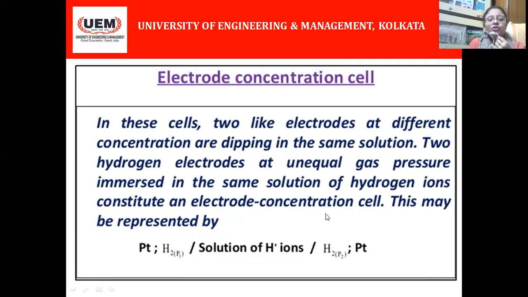So for an electrode concentration cell, two like electrodes at different concentration are dipping in the same electrolyte solution, with the same concentration of electrolyte. Two hydrogen electrodes at unequal gas pressure immersed in the same solution of hydrogen ion can constitute an electrode concentration cell, and it may be represented this way.